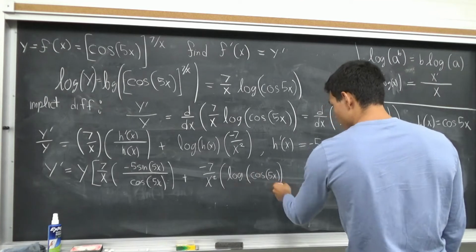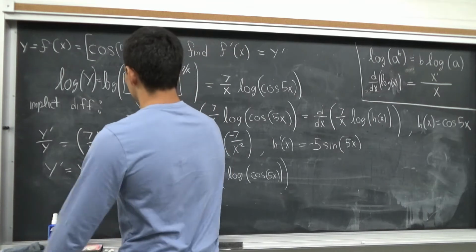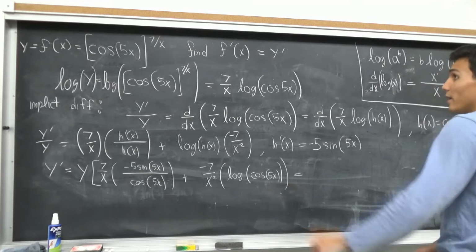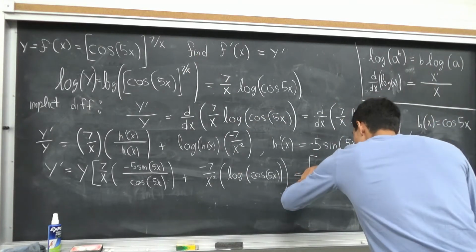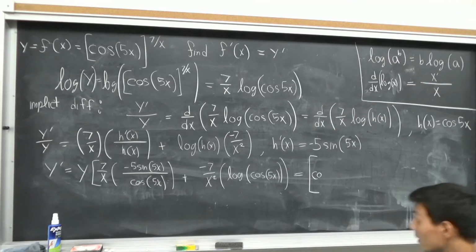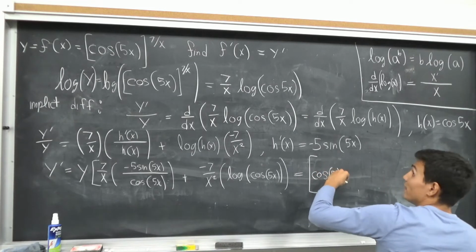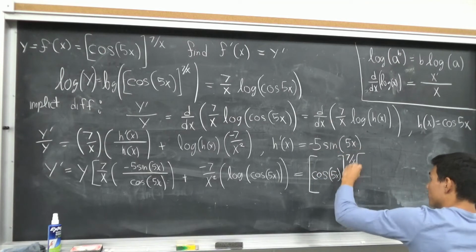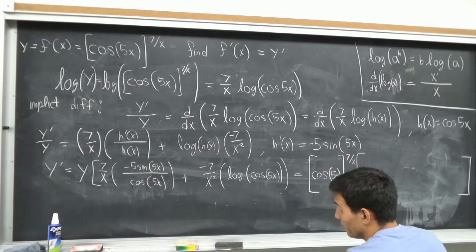One parenthesis, and another. This is your answer here, but we need to define what y was. y was this guy. So we get cosine 5x to the power 7 over x being multiplied by this whole guy over here.